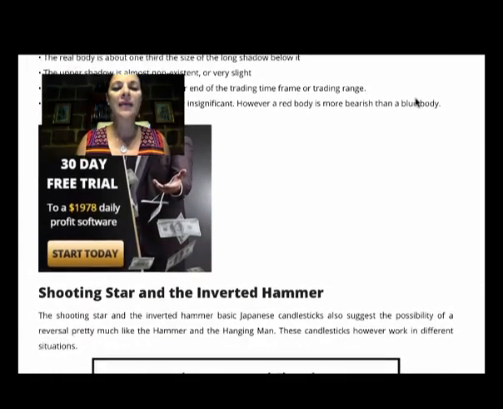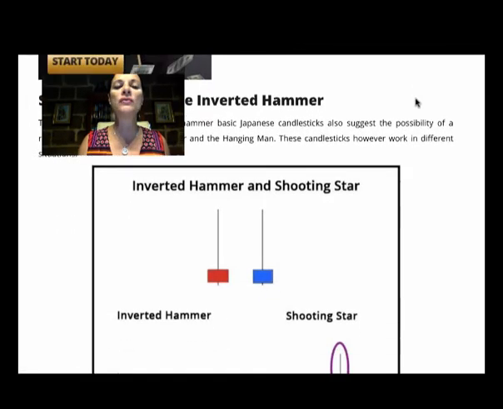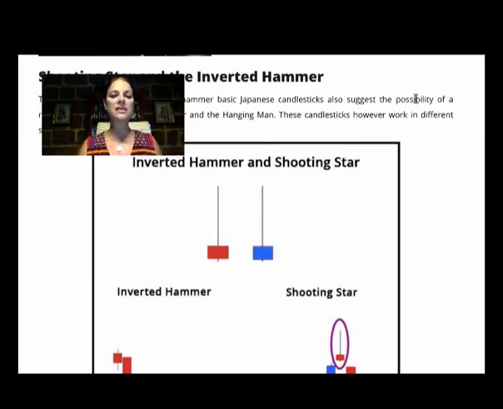The same goes for the hanging man. They are both looking pretty much the same, and this will lead us to the next set of candlesticks, which are the shooting star and the inverted hammer.